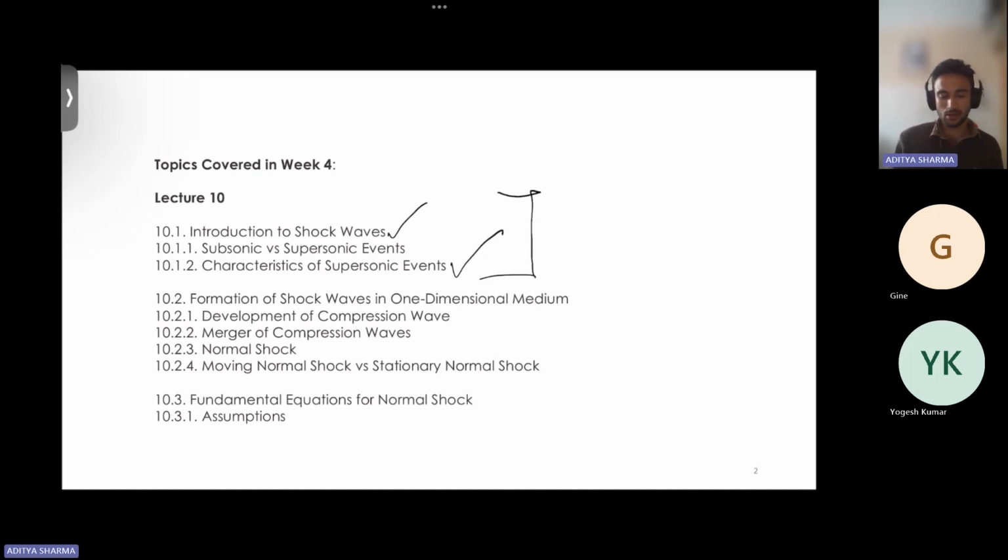Okay. Then there was another heading by the name formation of shock waves in one-dimensional medium.